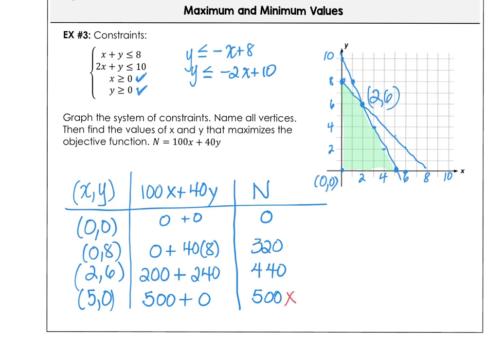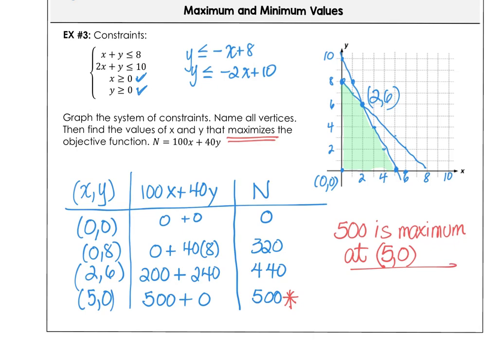And the largest value, 500, is the maximum because it's asking us to maximize. So 500 is the maximum, and that occurs at the ordered pair (5, 0).